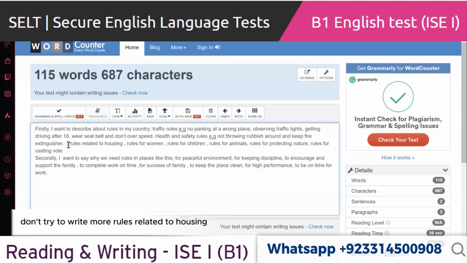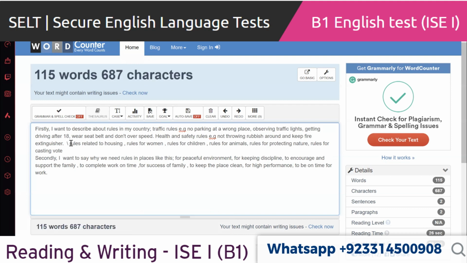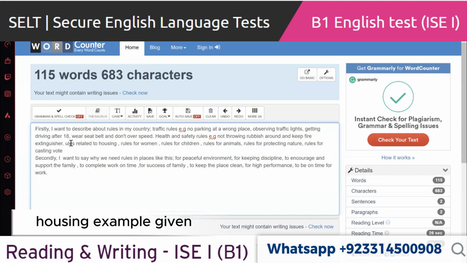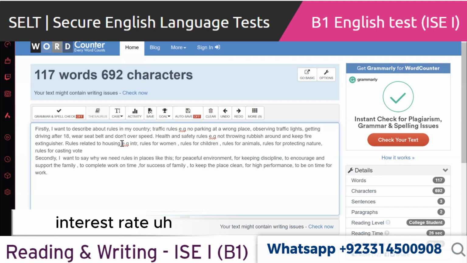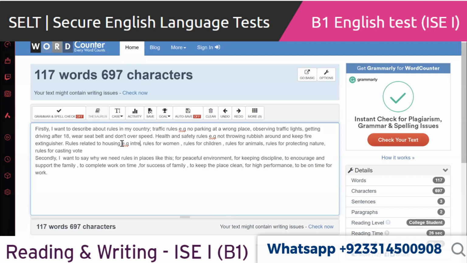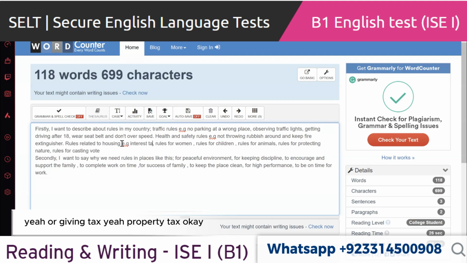Rules related to housing. Example given. E.g., it would be increase in interest rate for rentals and buying property, or giving tax, or property tax.